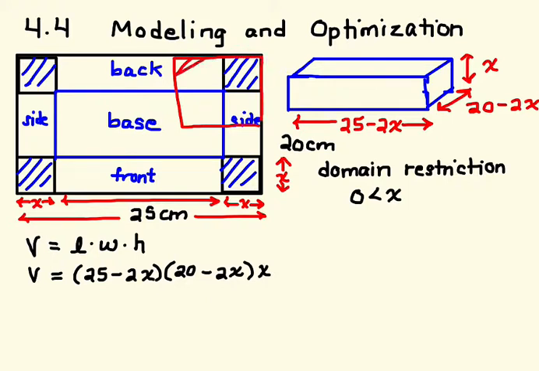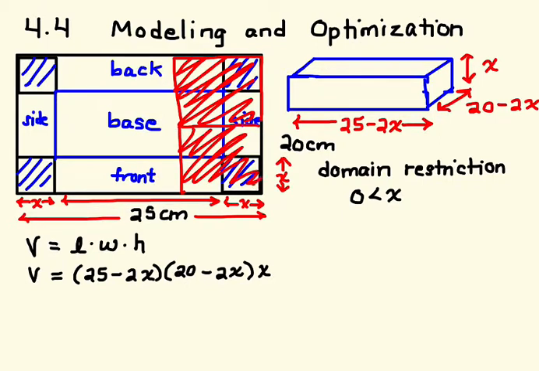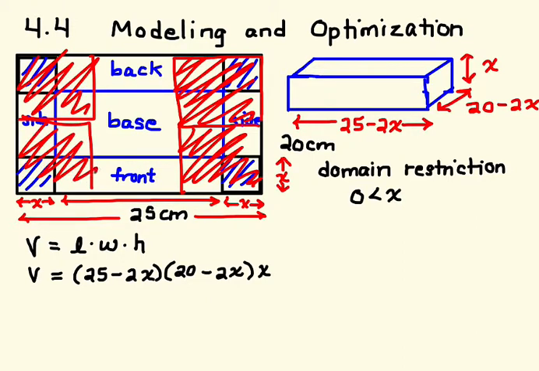If it's 10, then the next square would also be 10, and we cut out a square here of 10 and here of 10, because 10 and 10 is 20, and all we end up with is a rectangle in the middle, so it can't be 10. It has to be less than 10. Does that make sense?